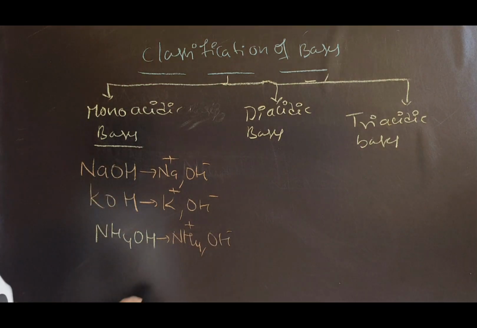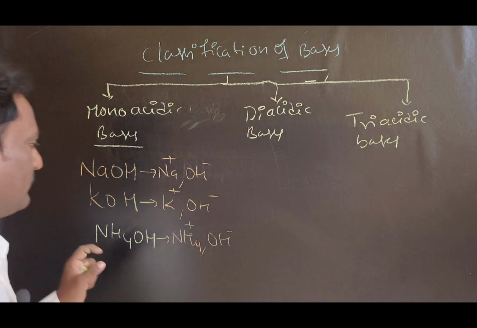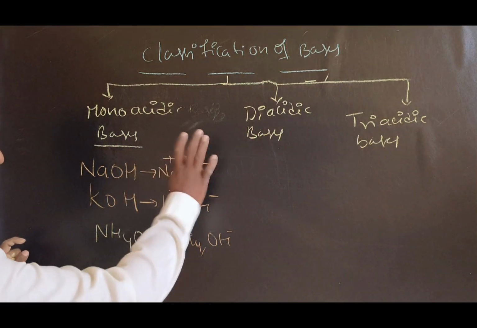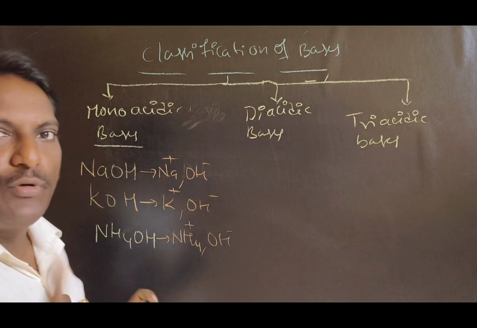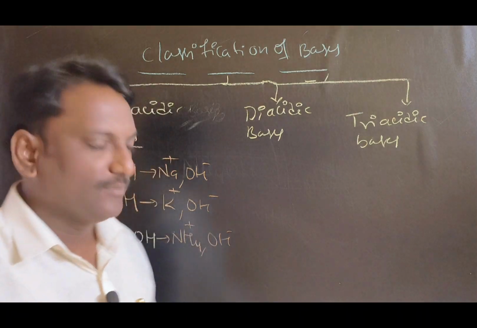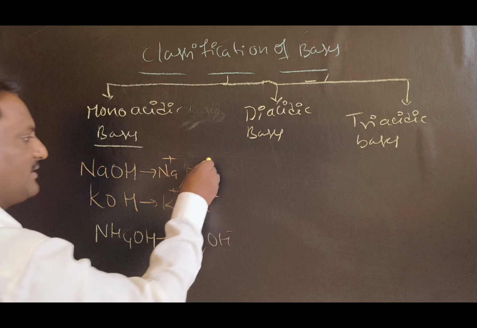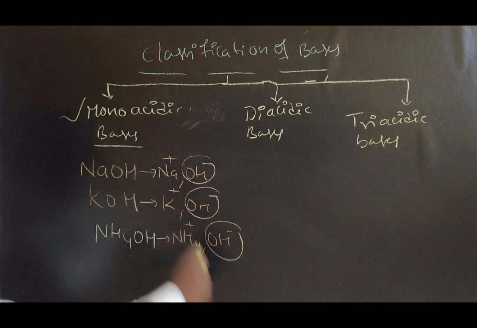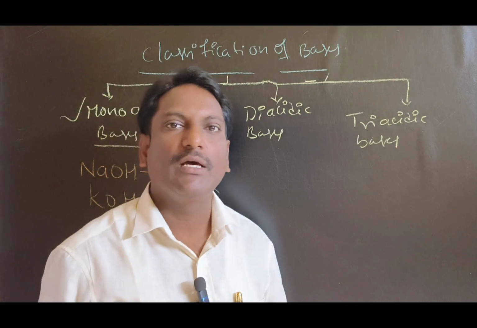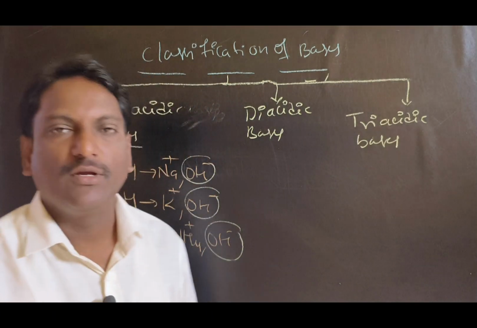If you look at these examples, you must have known that these are ready to produce only one OH minus ion per molecule. So that's why these bases are considered as monoacidic bases.